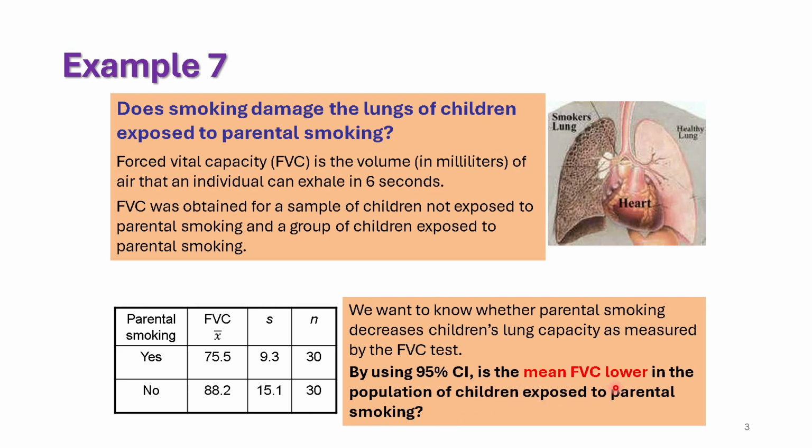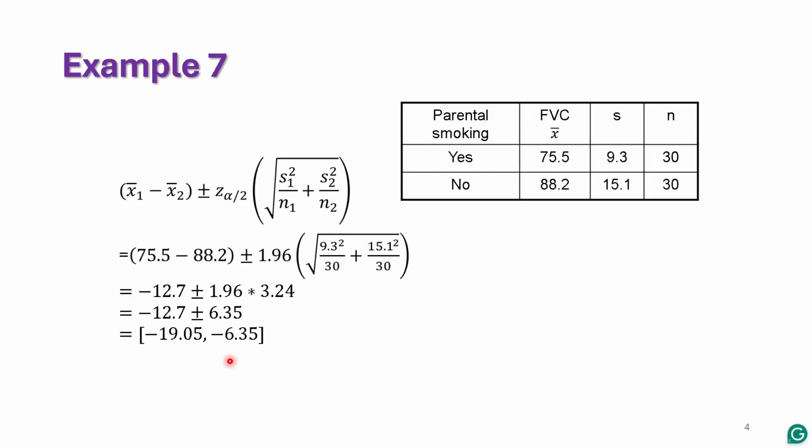Children exposed to parental smoking, let's say is population 1. So we would like to test whether mu1 is less than mu2, or mu1 minus mu2 is less than 0. Again, these are the data in the previous slide.